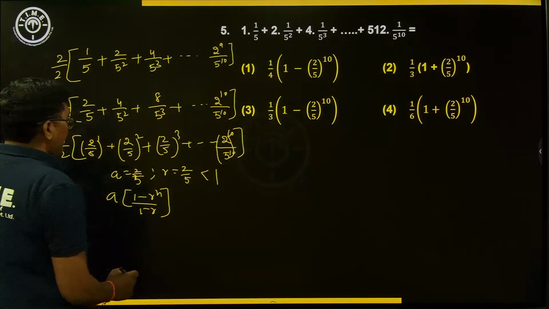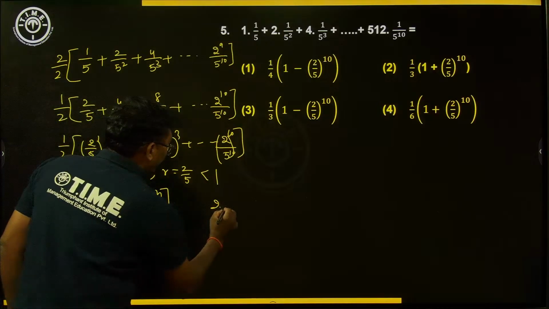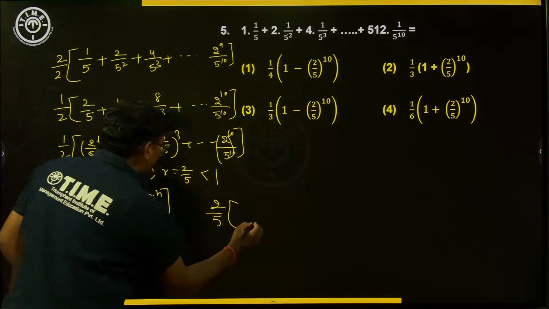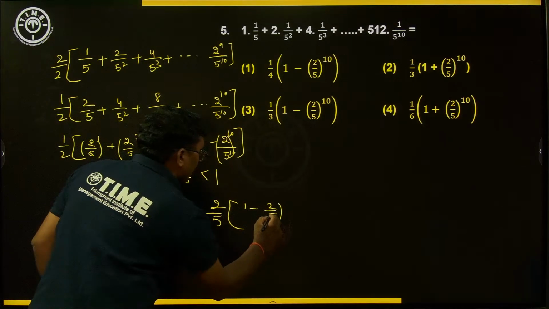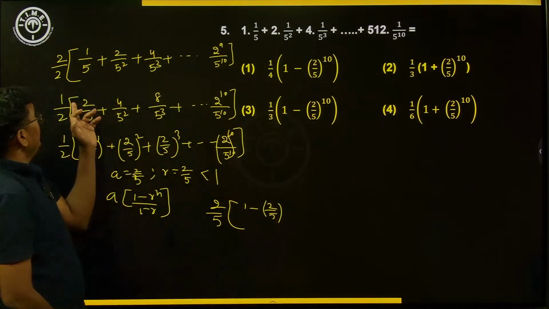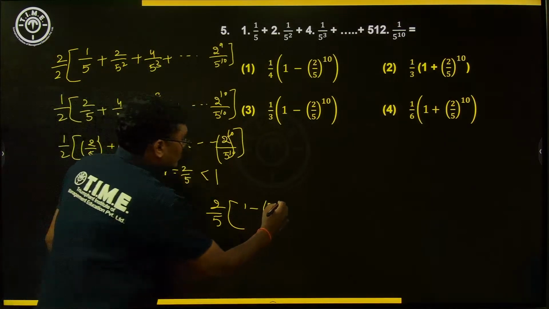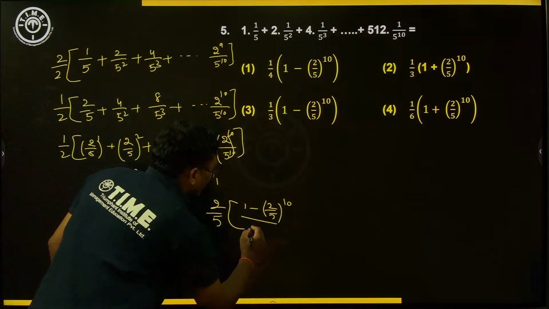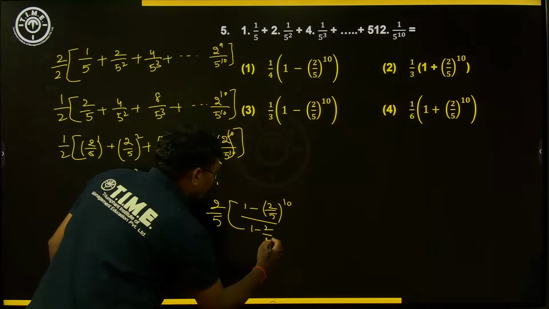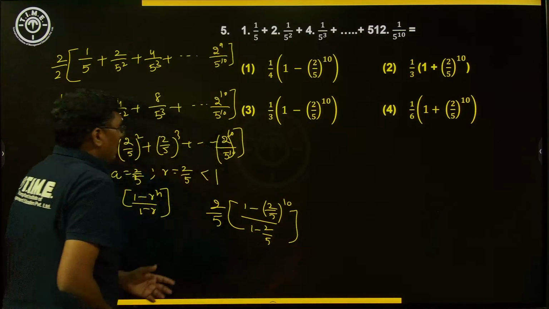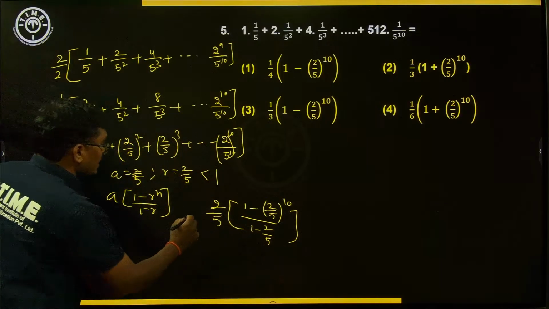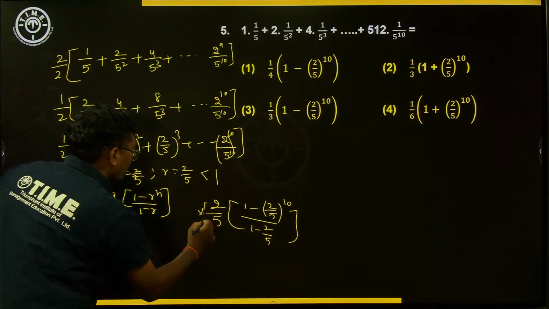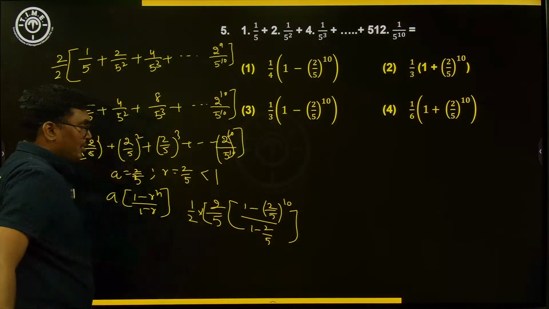So what is a? A is 2 by 5, and 1 minus r power n, how many terms? 1, 2, 3, up to 10 terms. 1 minus 2 by 5, so this is the sum of these terms. Already 1 by 2 is there, so into 1 by 2, right?